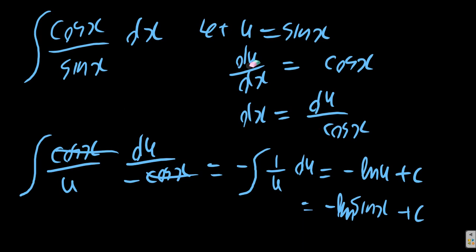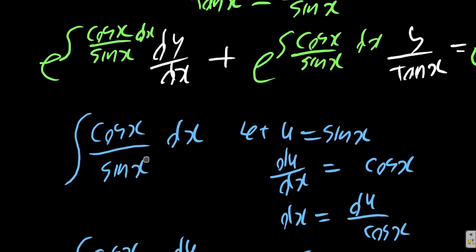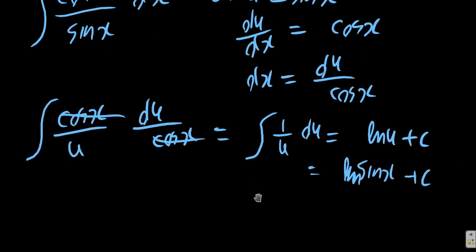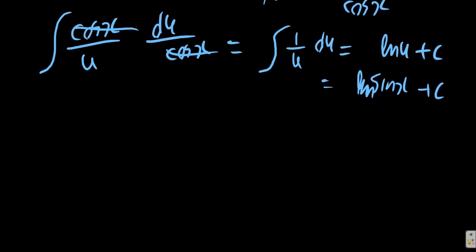When you differentiate cos, you get negative sine. But we're differentiating sine here. Sine gives you cos. So it's really positive, not negative. So it's a positive ln u, which is positive ln sine x plus c. Alright, so we corrected that. So it's e to the power of ln sine x plus c that we have there.